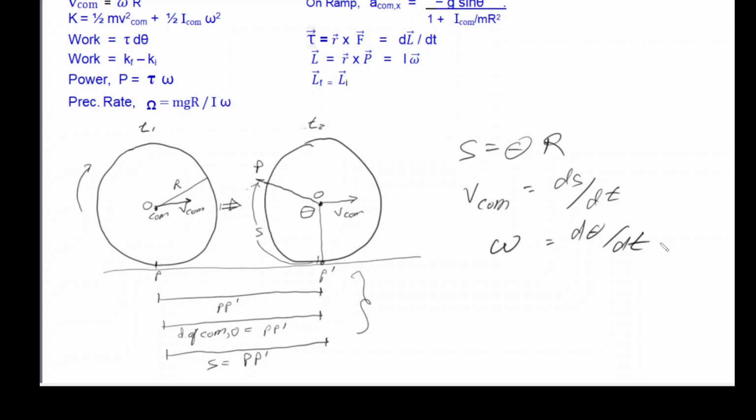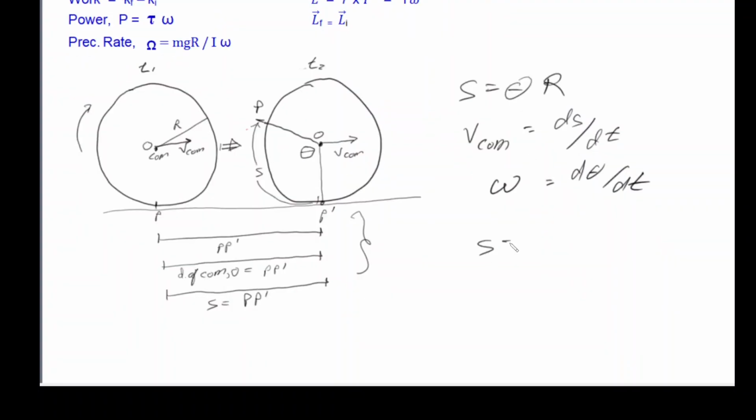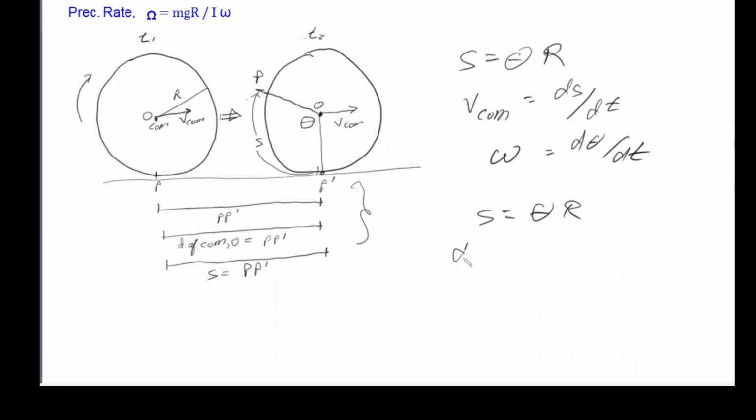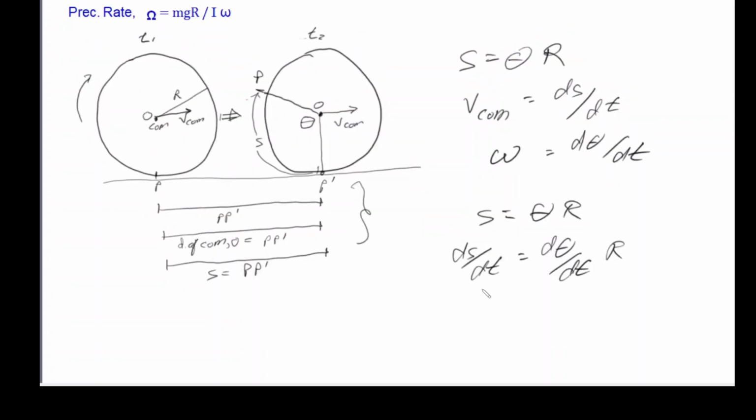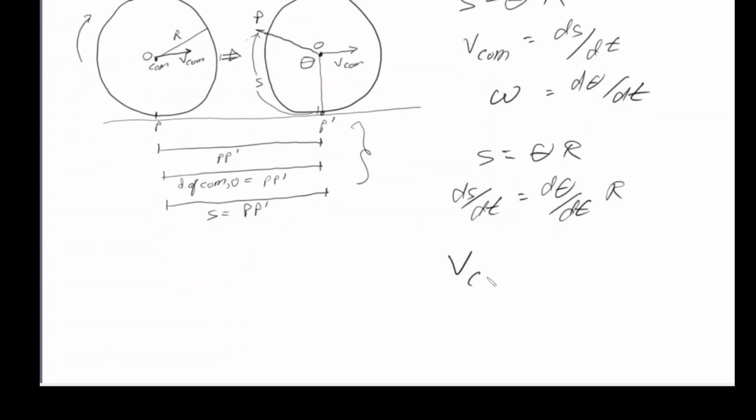So if we go by S equals theta r as above, and we differentiate that with respect to time, you get ds dt equals d theta dt times r. So basically we get the velocity of the center of mass is equal to omega times r for a rolling wheel.